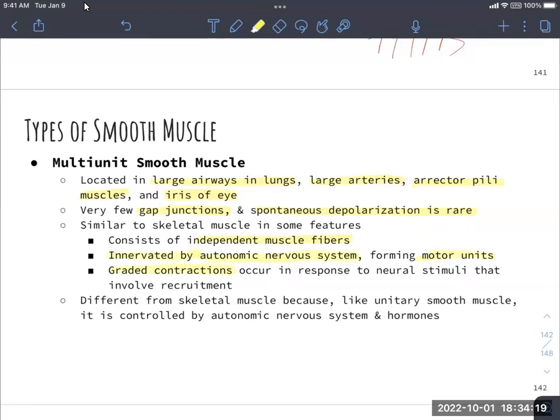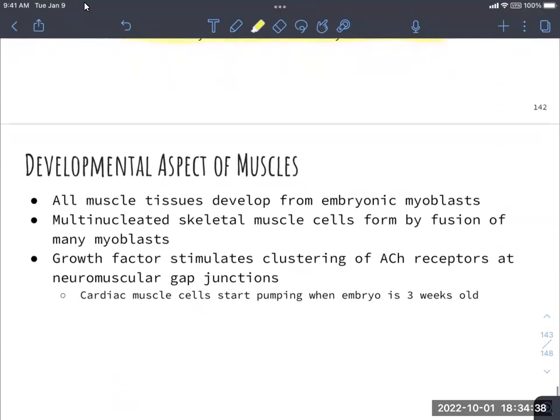But they're different from skeletal muscle because they are controlled by the autonomic nervous system and hormones, because our hormones can tell smooth muscle to do something.